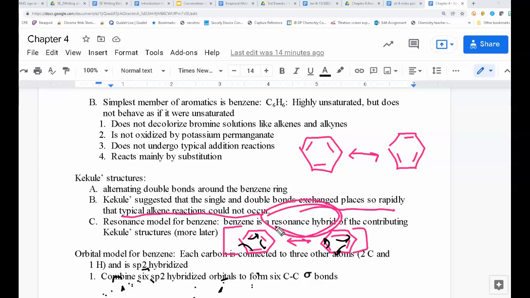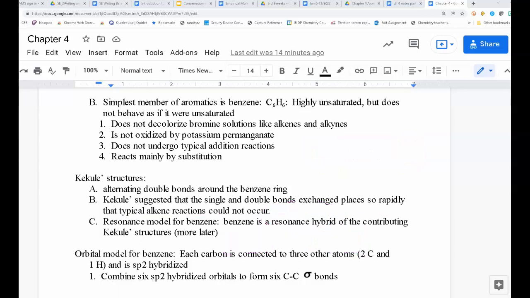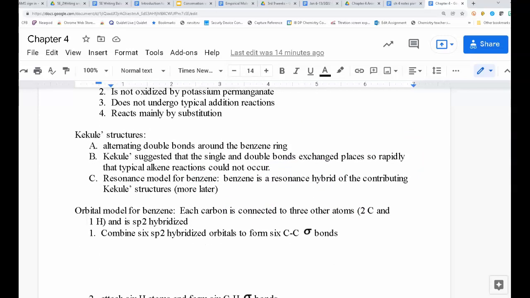Instead, we have completely new bonds that are a hybrid between a single and a double bond. So longer than a double bond, shorter than a single bond, stronger than a single bond, but not as strong as a double bond. So you can imagine all of that. Let's get rid of that and go forward.